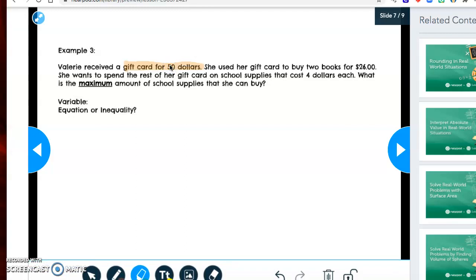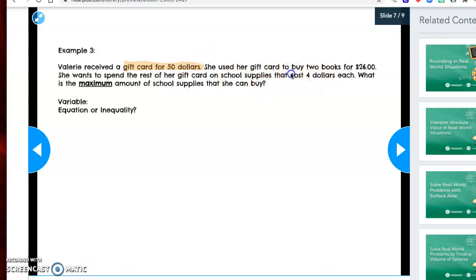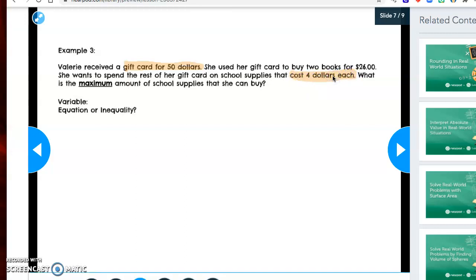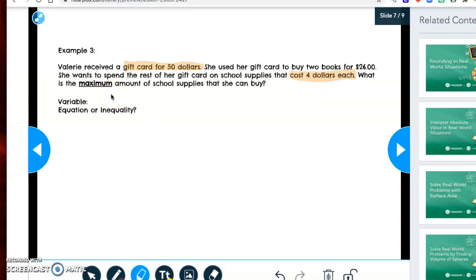The gift card has a maximum of $50. So she used her gift card to buy 2 books for $26. She wants to spend the rest of her gift card on school supplies that cost $4 each. So the school supplies cost $4. What is the maximum amount of school supplies that she can buy?